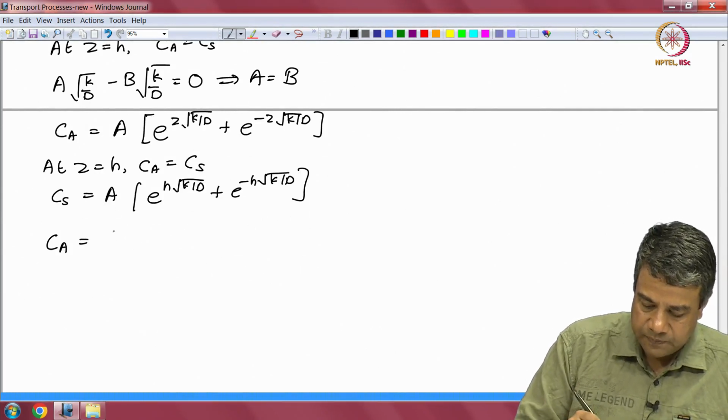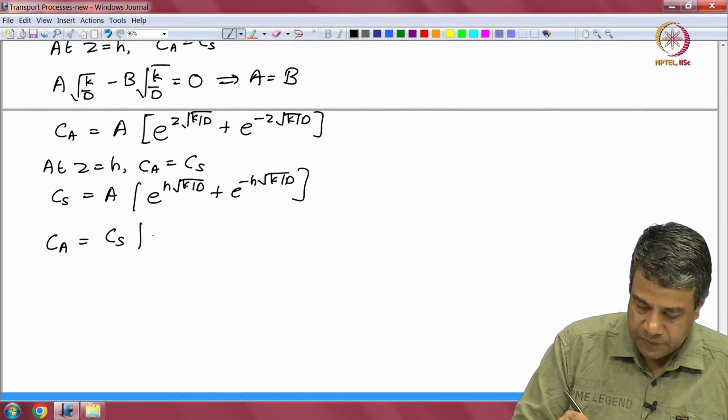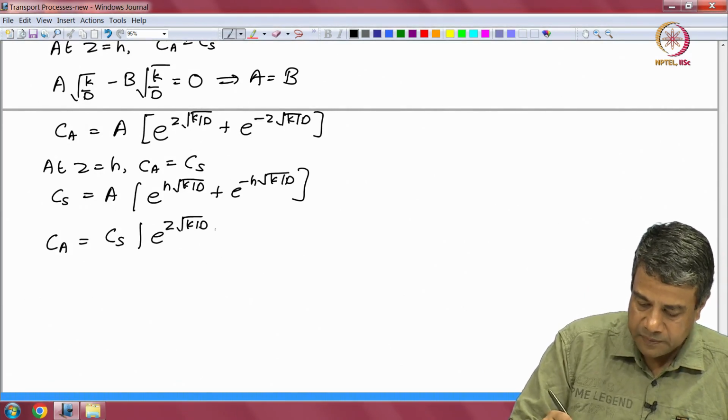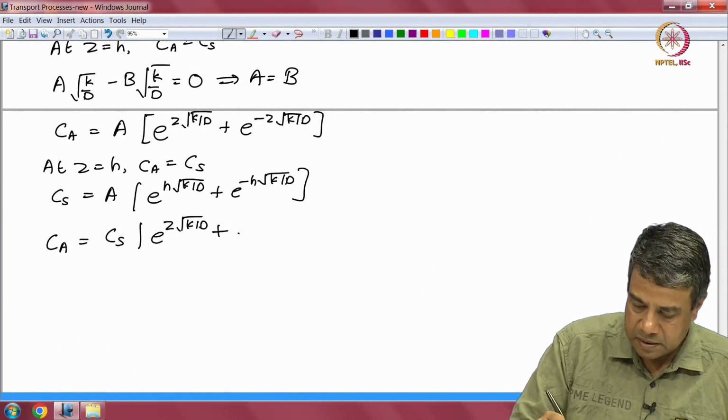C A is equal to C S into e power z root of k by d minus plus.